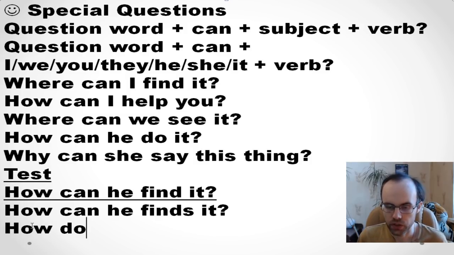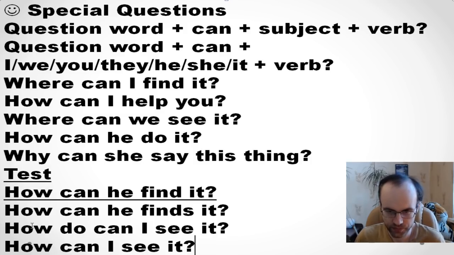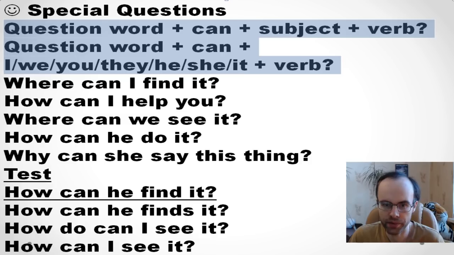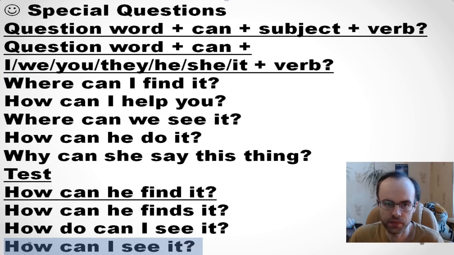How can I see it? Or how can I see it? So which sentence will you choose? Only can. No do, no does, only can. Remember. Only can after a question word. So we say, how can I see it? Okay, my friends, very good.